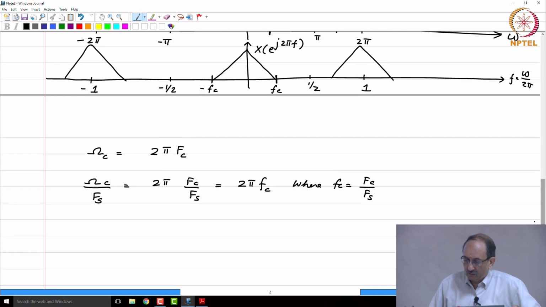So this is how the analog frequency in hertz is mapped to the digital frequency little f by this normalization, and little f sometimes is also called the normalized hertz. Therefore, whatever your sampling frequency is, and if you know the true frequency in hertz, if you divide that by the sampling frequency, you will get the normalized frequency.